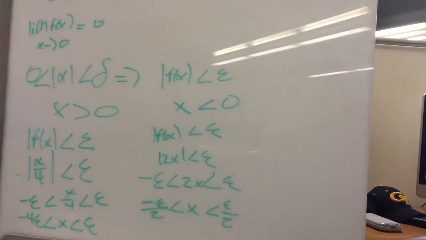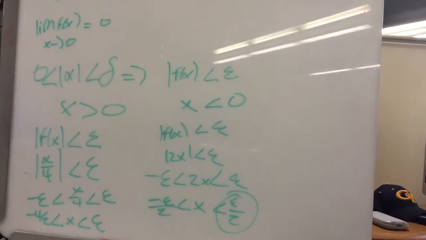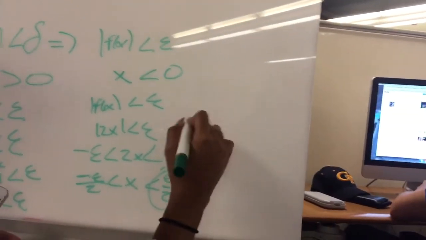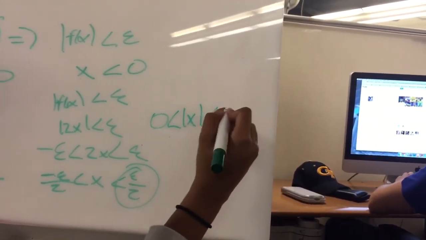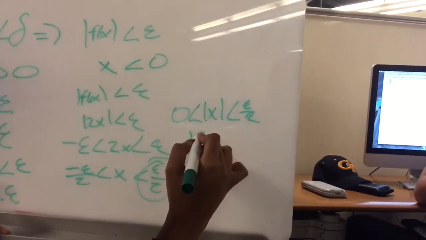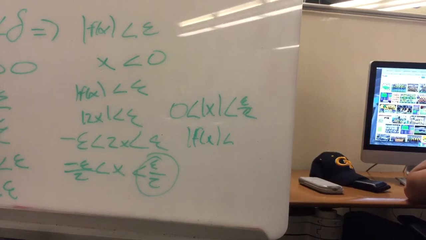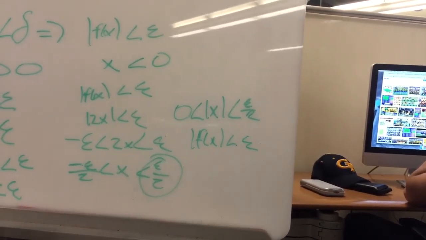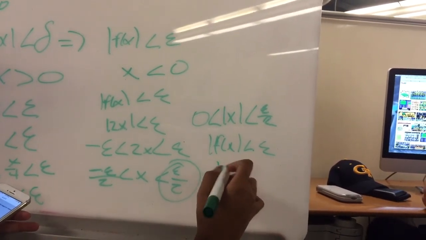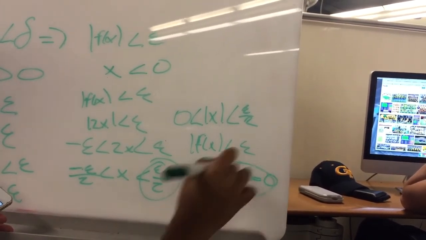And this is the number for which it holds true for all positive and negative values, which then implies that delta is epsilon over 2, which then implies that the absolute value of f of x is less than epsilon for any positive number. Then we will have proved that the limit as x approaches 0 of f of x equals 0. And we're done.